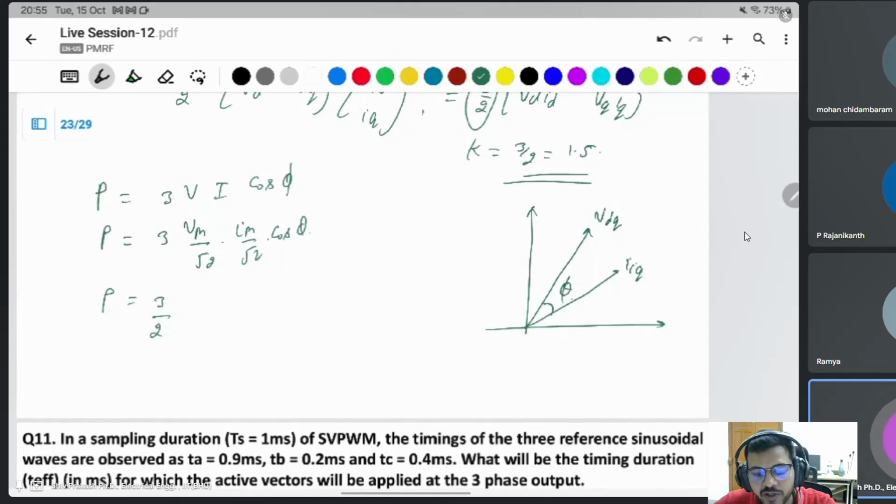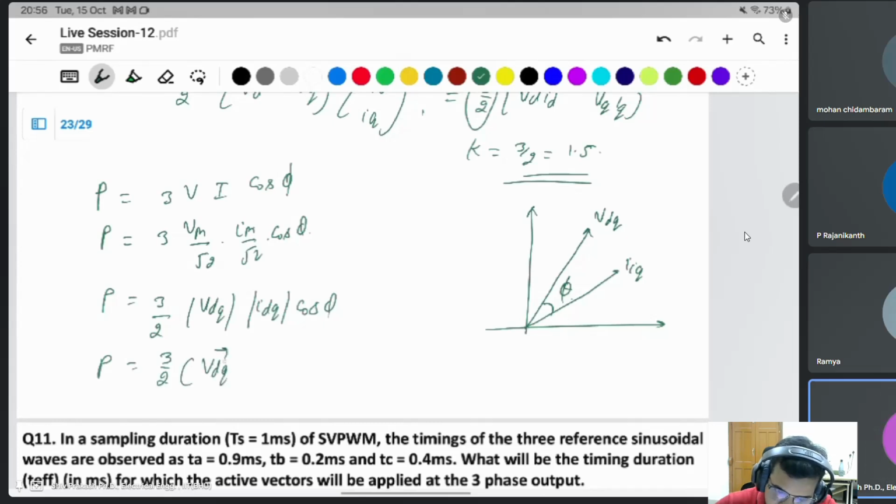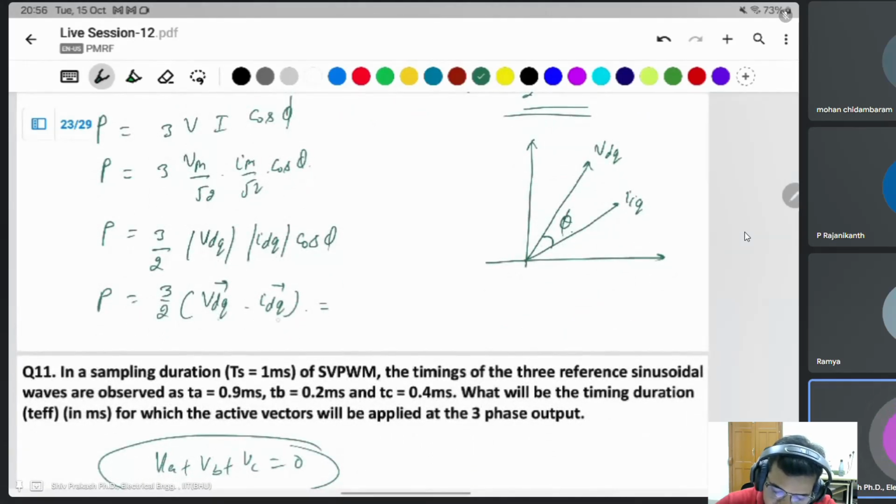If the Q value is 0, then the magnitude of Vd is the same as the magnitude of the voltage. Then this will be the magnitude of VDQ, and the magnitude of IDQ, into cos phi. If you convert this into vector form, then this will be the VDQ vector dot IDQ vector. Vector it means Vd Id plus Vq Iq, with the 3 by 2 factor.